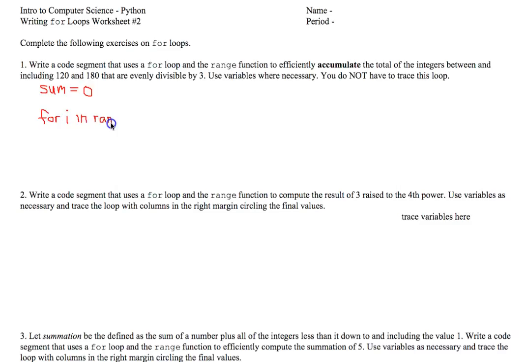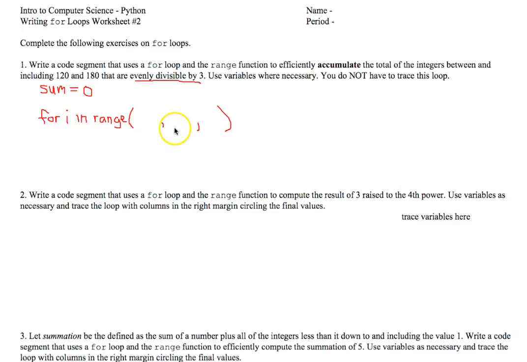For i in range, we're using the range function here. There are other ways to do it, but I want you to use the range function. And let's use the range function with 2 parameters, something comma something. Oh, evenly divisible by 3. We could step by 3s and perhaps use 3 parameters in the parentheses of the range function.